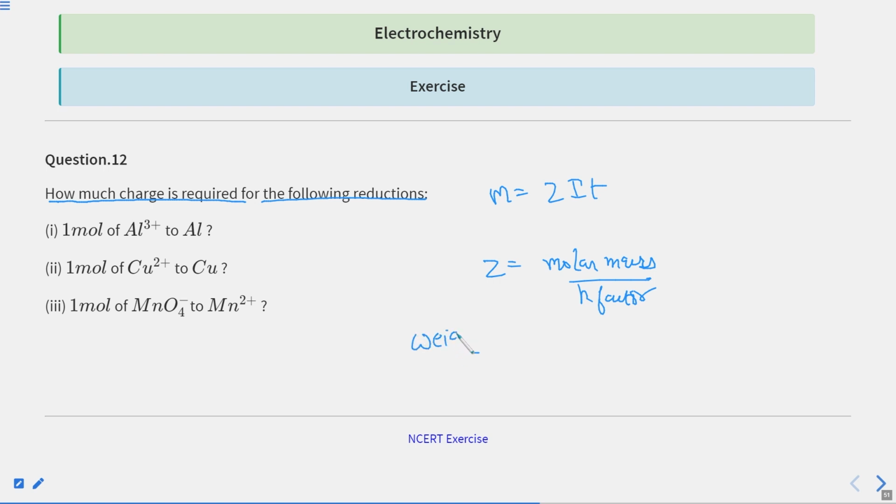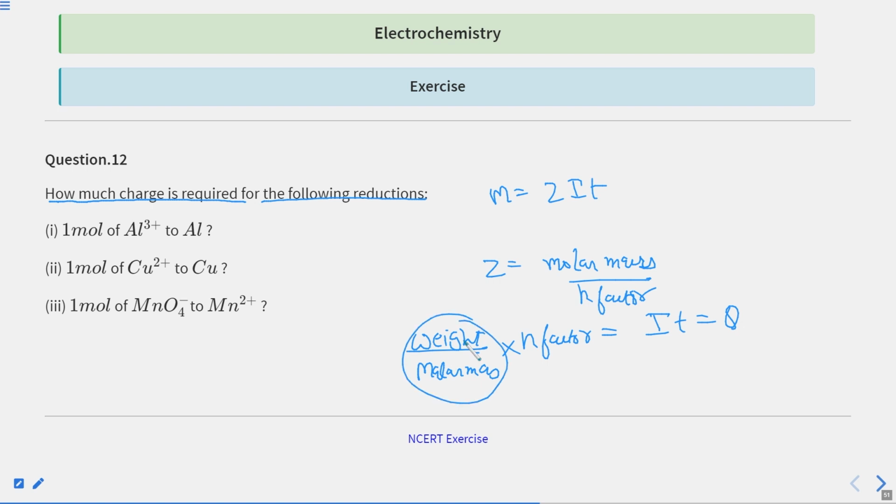So weight by molar mass is multiplied by N factor. And I into T is nothing but Q.